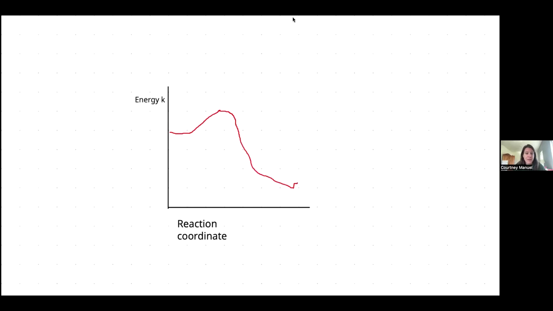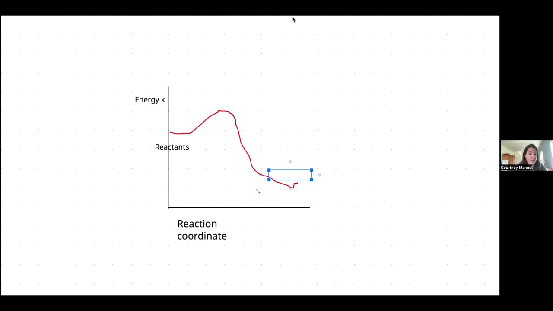And the main thing here is, this section right here would be the reactants, and then the products are just going to be on the other side. And the delta H is going to be the difference between them.